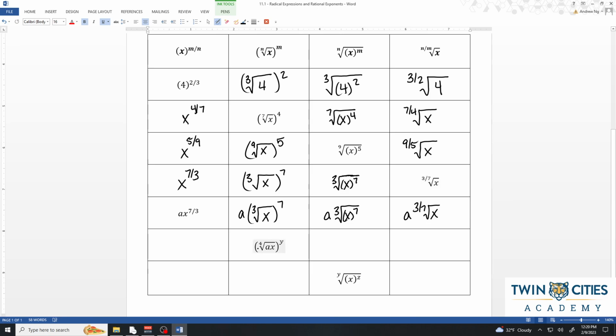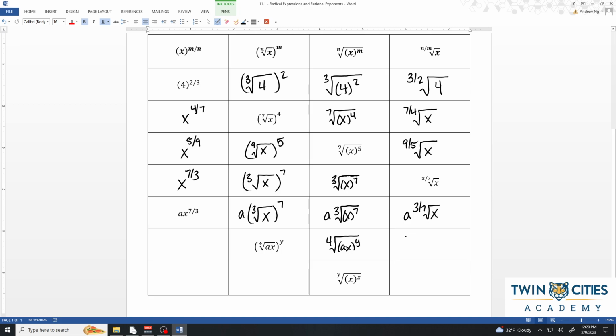Whereas the second to the last one here, now we see a isn't just at the front, a is with the x on the inside. So now what I'm going to do is instead of x, I use ax. So this will be the 4th root, and then on the inside, I've got ax to the power of y.